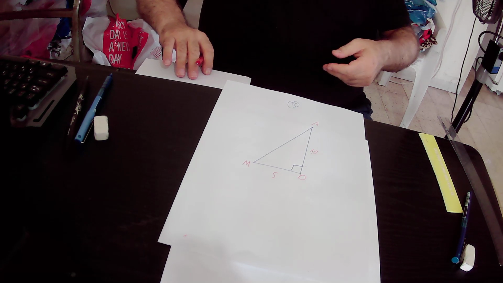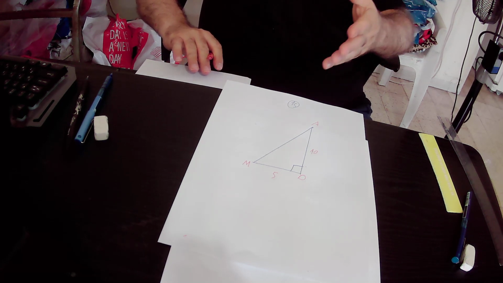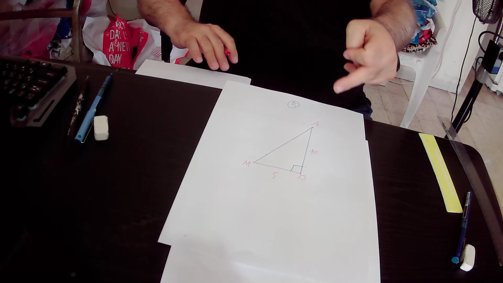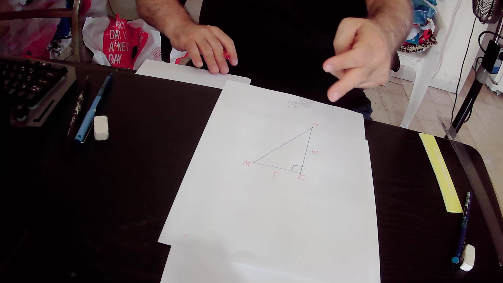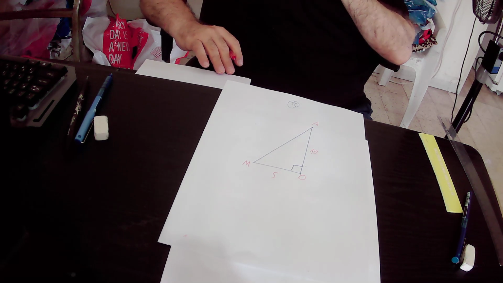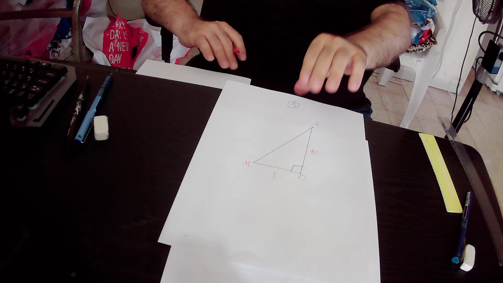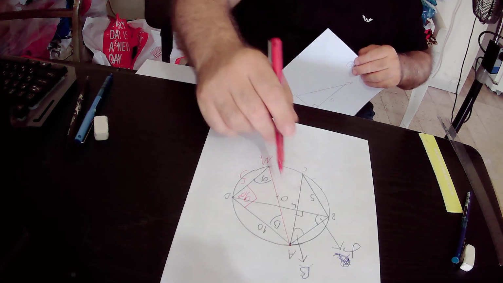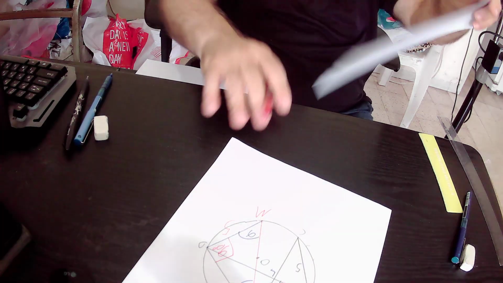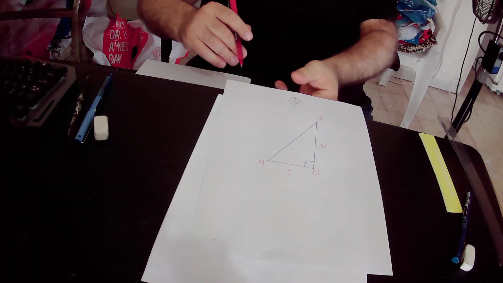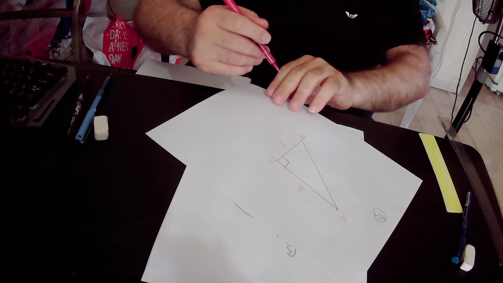This is the right triangle AMD. Side AD equals 10 units, side MD equals 5 units, and AM is the diameter of this circle, so I will mark it as D, abbreviation for diameter.